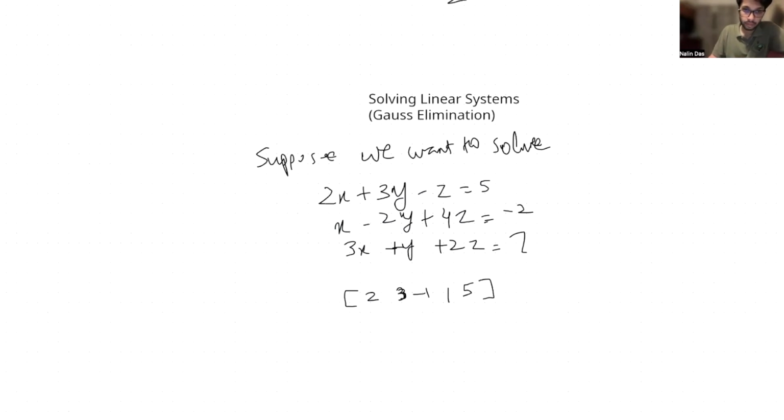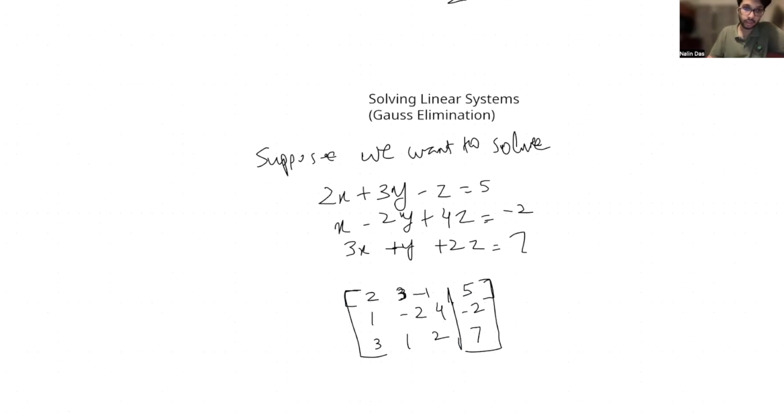Right? And similarly, for the rest we can do 1, minus 2, 4, and then minus 2. Then we have 3, 1, 2, and 7. So I hope this is clear.